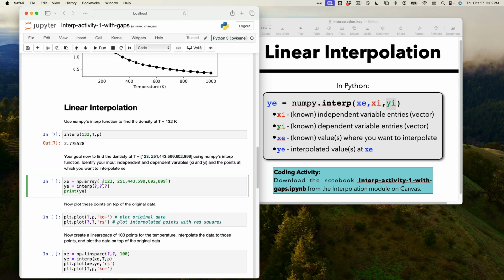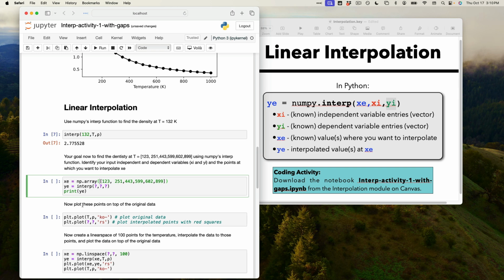Okay. So now I'm interpolating. I'm taking this data set XIYI, and I'm going to interpolate it at each one of those points. What do you think it's going to return to me? First, is it going to return a single value, two values, an array? What is it going to return?